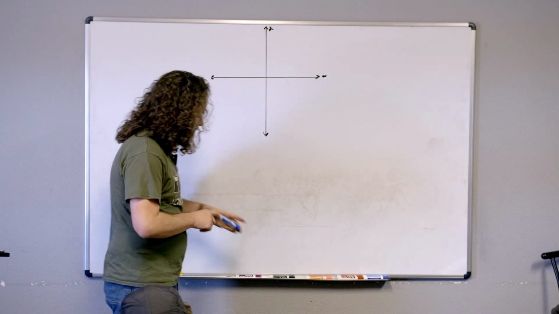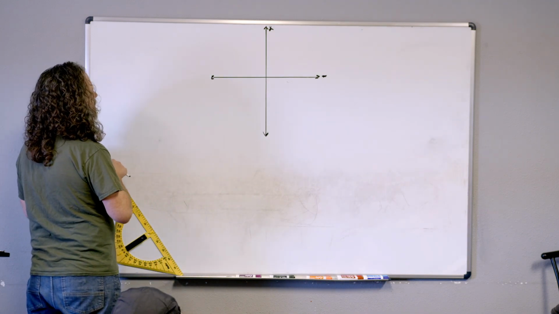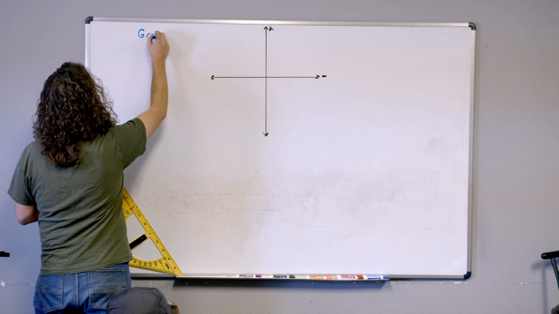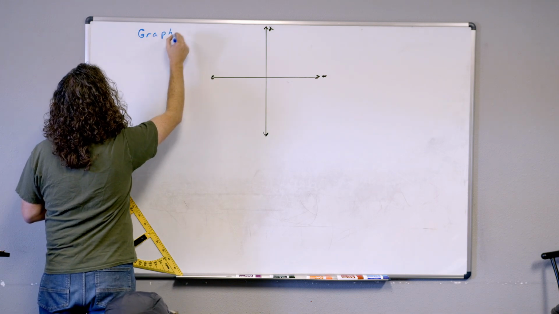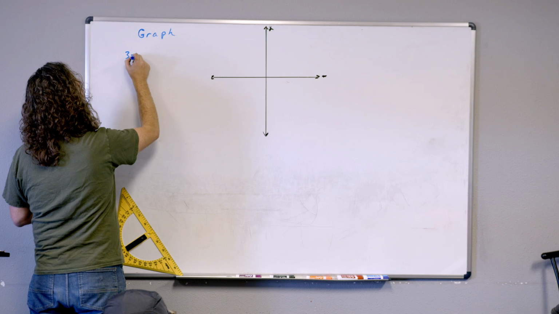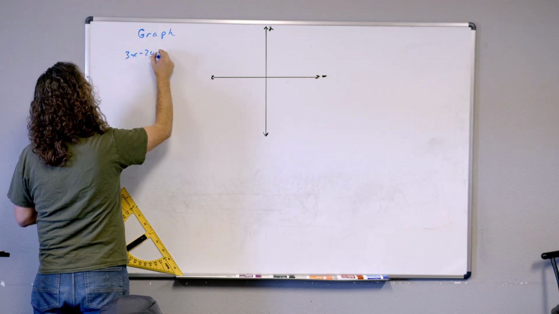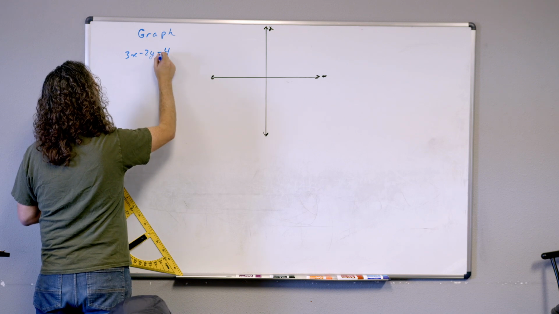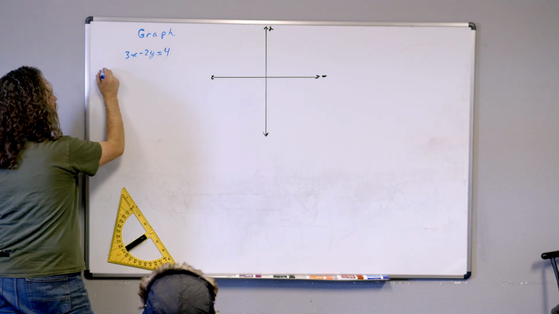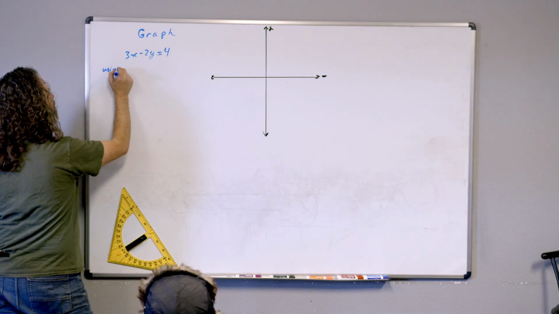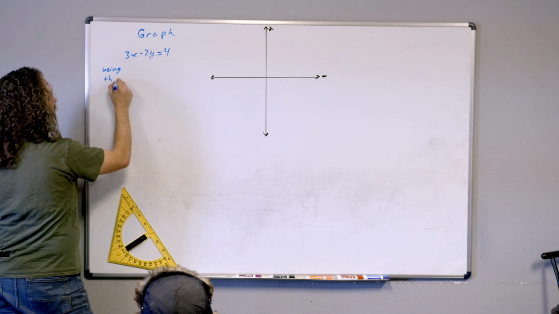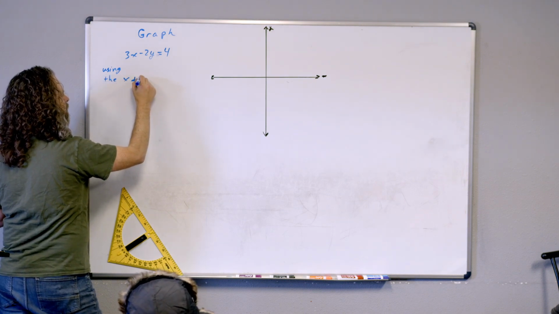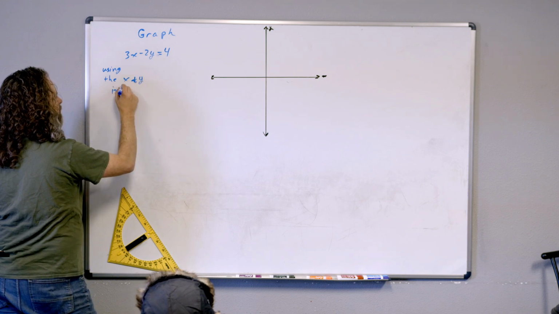So we're going to do an example, and we're going to graph 3x minus 2y equals 4 using the x and y intercepts.